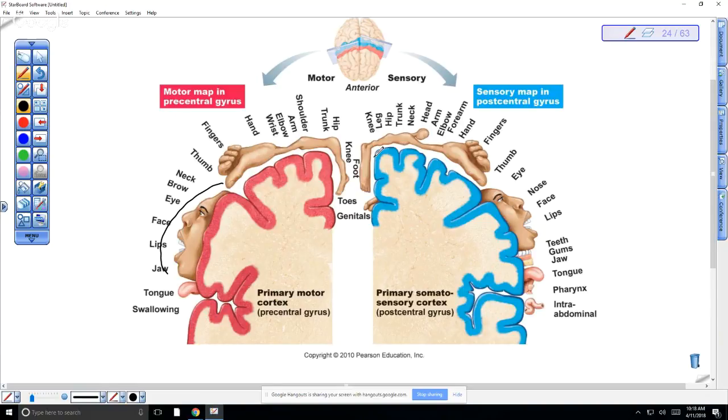So it's really important to realize that if I'm touching my right arm, it actually goes to my left hemisphere. If I'm touching my left arm, it goes to my right. So sensory information crosses over in general.